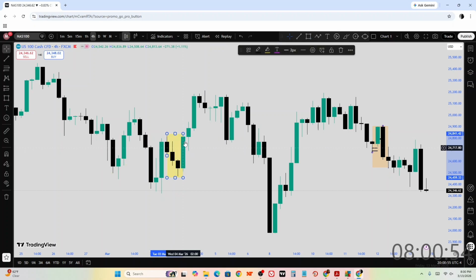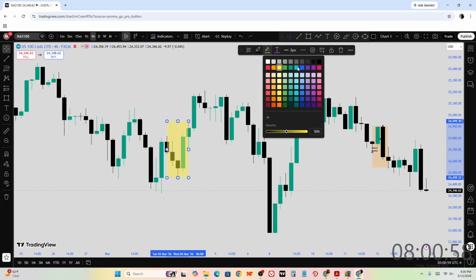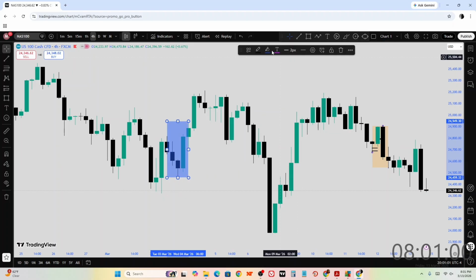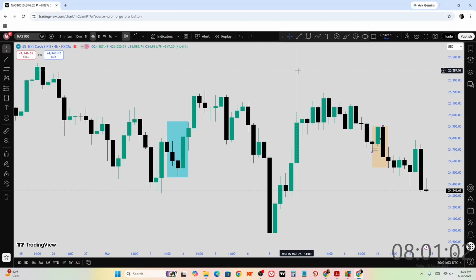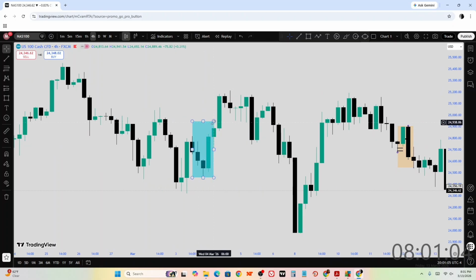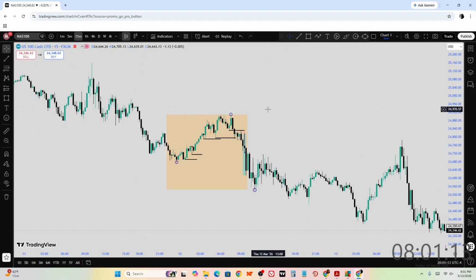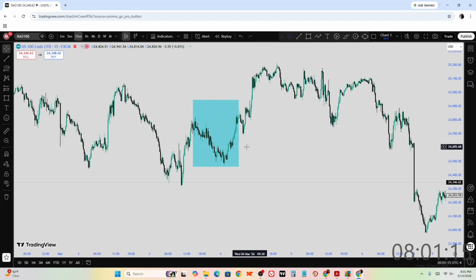Right here. Matter of fact, we're gonna do this right here. Blue. We're gonna do light blue. This shaded area, we have expansion, retracement to expansion. This retracement right here, you're gonna see in a lower time frame. So it's at a 15-minute, zoom out. See this?